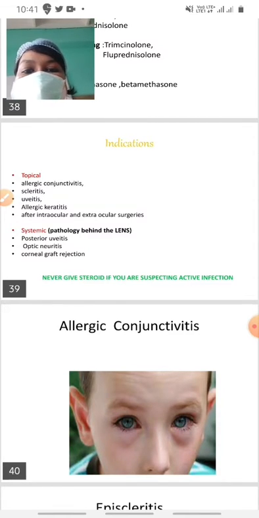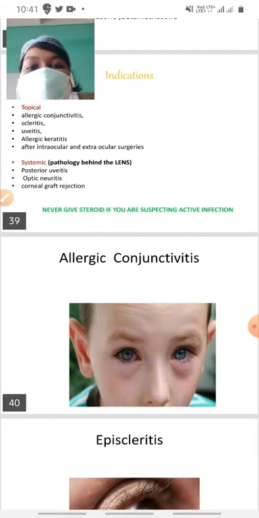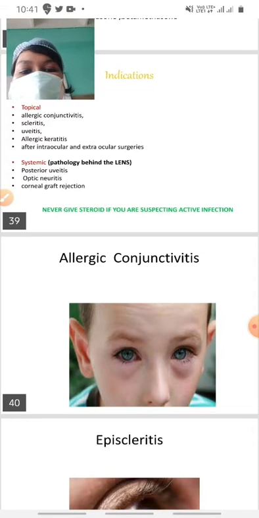And systemically, meaning they can be given directly inside the eye via injections or via tablets, they can be used in cases of posterior uveitis, optic neuritis, and also after the corneal graft, in graft rejection. But we have to keep one thing in mind, that if there is an active infection in the patient, the steroid should not be given, as it will cause more flare up of the infection.